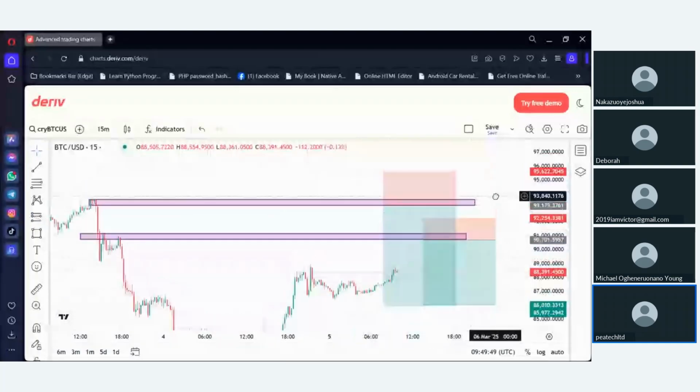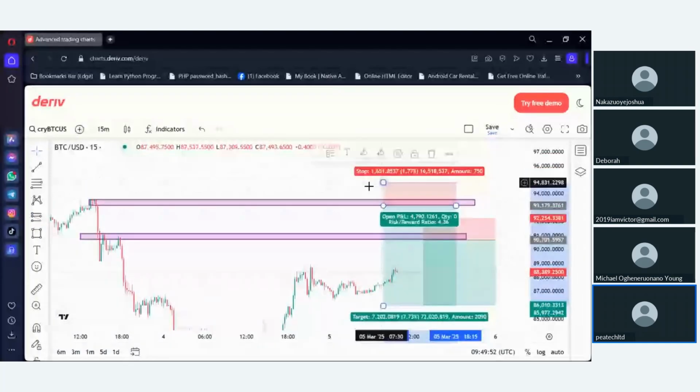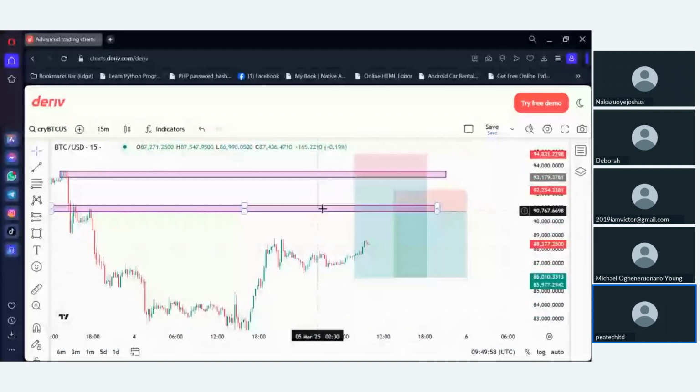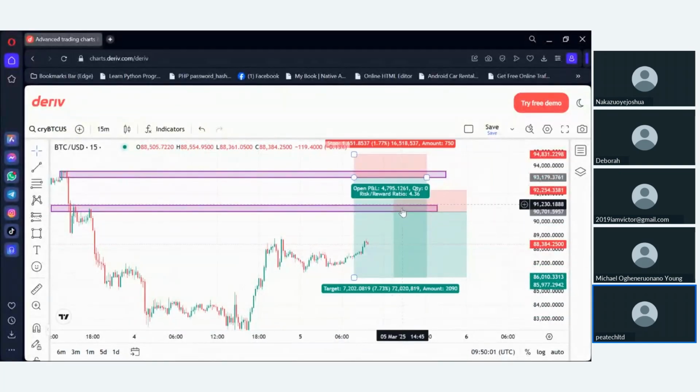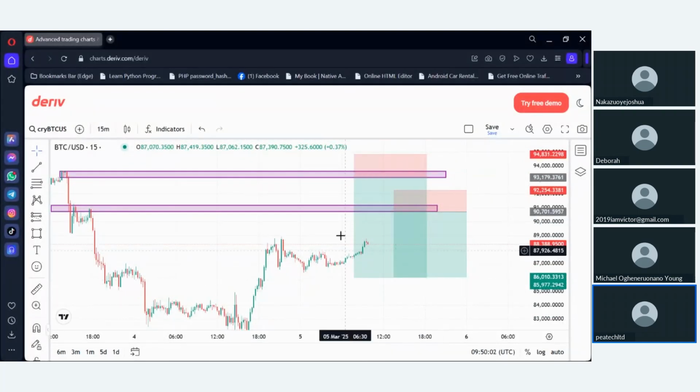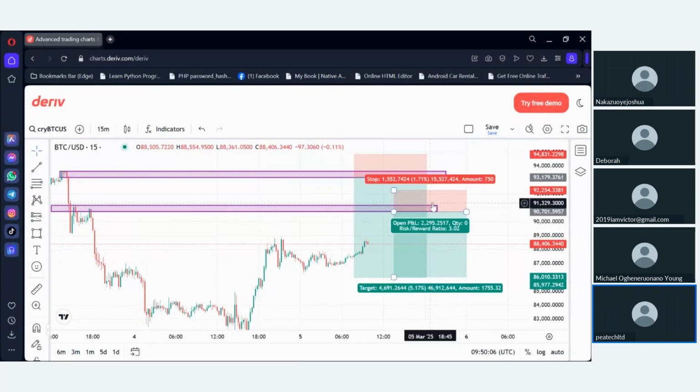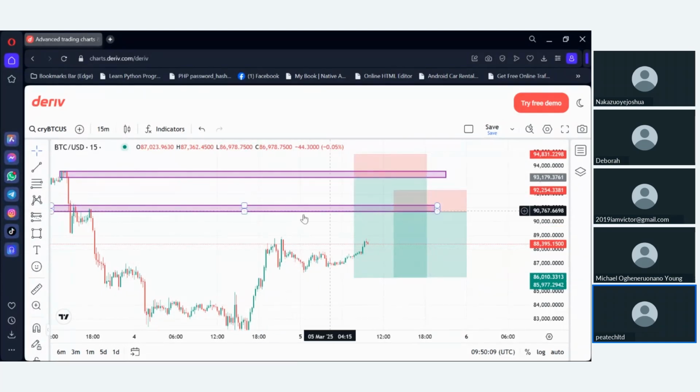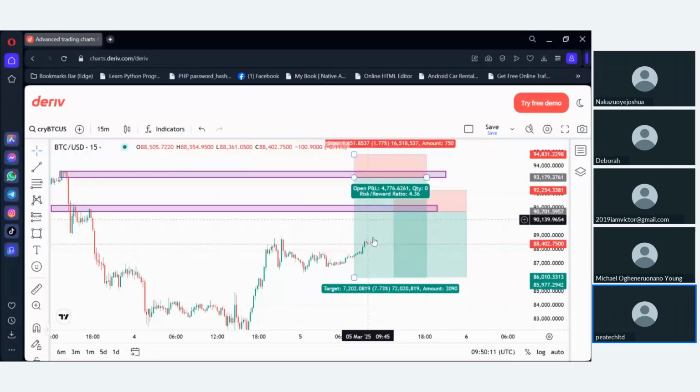So now we have 2 entries. What are we doing here? We are saying that, okay, we will not be online to keep track of this entry. But if the market should get to this point, we want to sell. So here now becomes sell limit, right? We now call this zone our sell limit. So we are saying that this is the zone we want to enter for a sell.